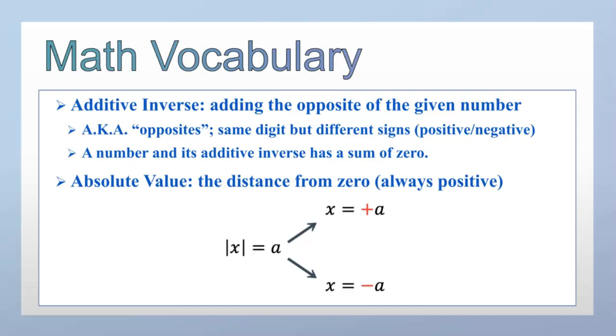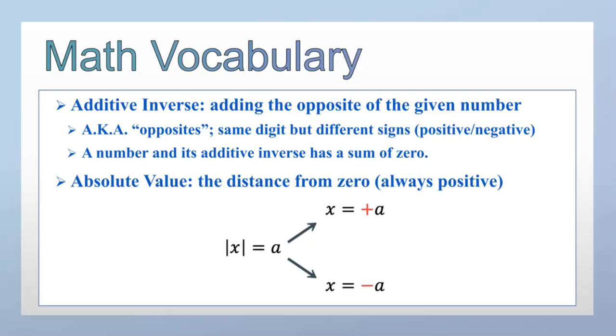If you don't see the words additive inverse, it might be referred to as opposites. So they're the same digit but with different signs. An opposite of a positive would be a negative, and vice versa. The opposite of a negative would then be positive. So a number and its additive inverse, if you add them together, would give you a sum of 0.